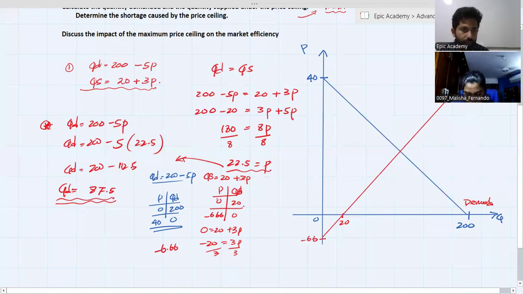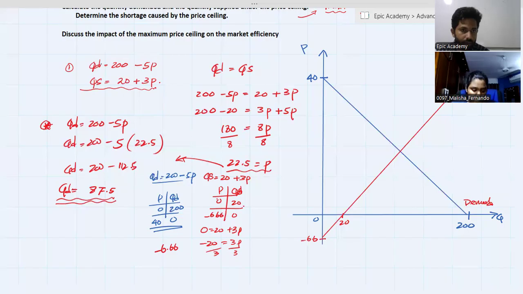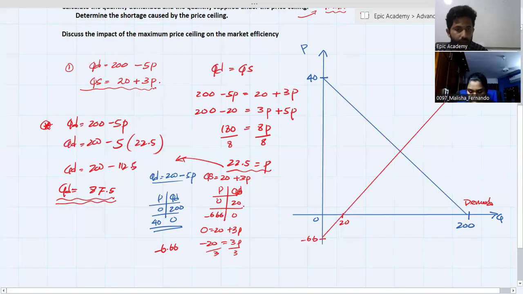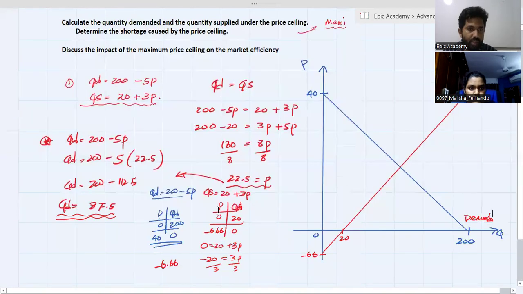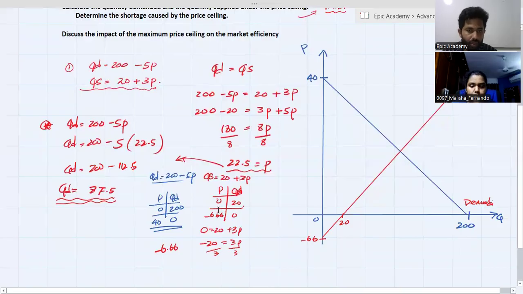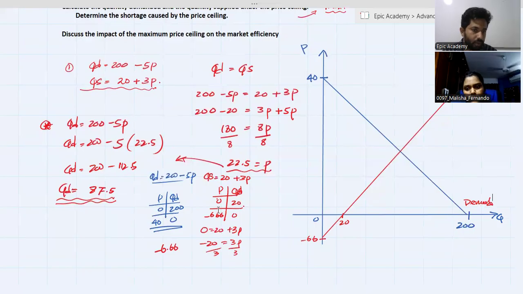Next, the first one is already okay, because in the first question they are asking to calculate the equilibrium price and equilibrium quantity. Equilibrium price is 22.5, equilibrium quantity 87.5.